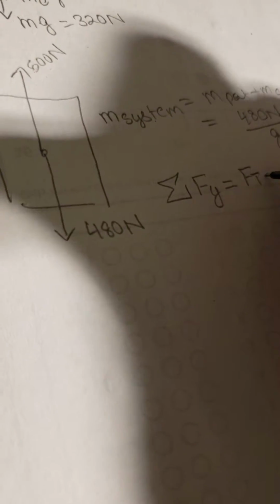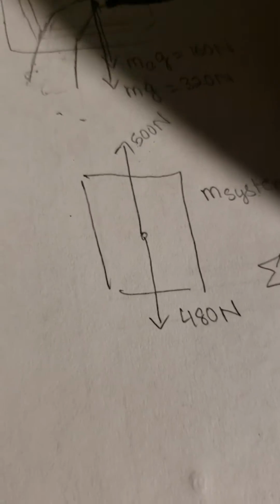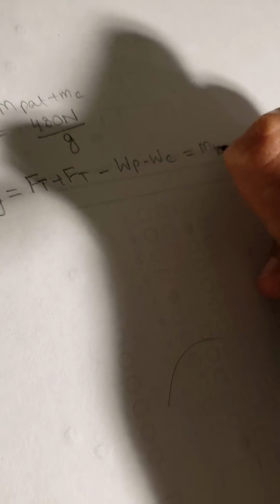This would be equal to the net force upward, which is the tension from rope 1, so Ft, plus the tension from this rope right here, so again Ft, minus the weight of Pat and the chair combined, so minus weight Pat minus weight chair, and this should be equal to the total mass times the acceleration.